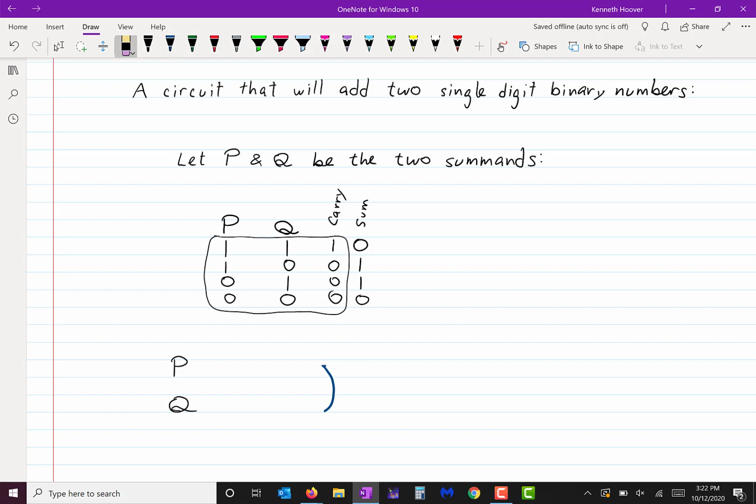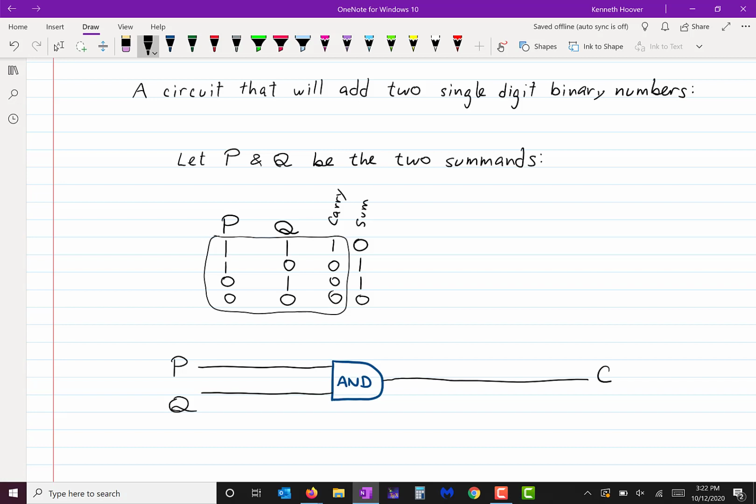Whoops, the AND gate doesn't have a curved back, it has a straight back. So you run P and Q through an AND gate, and that tells you your carry, which is the second digit of your answer. Second if you're going from right to left.